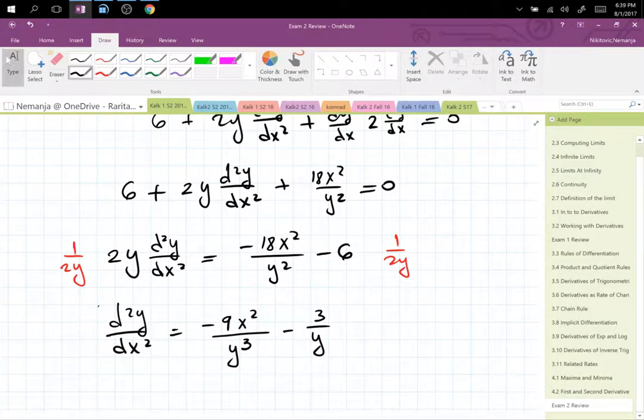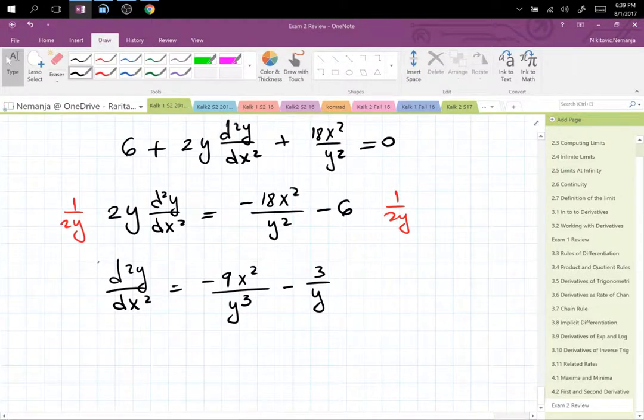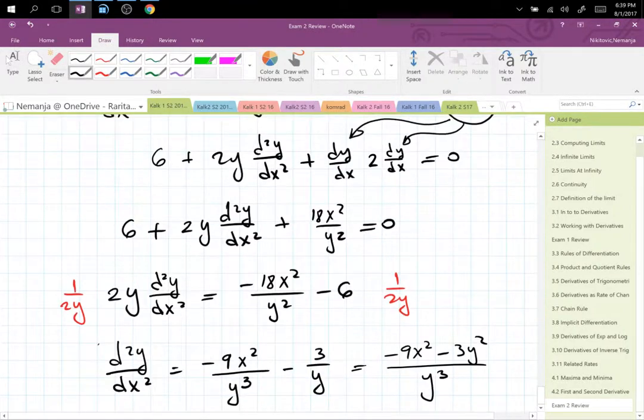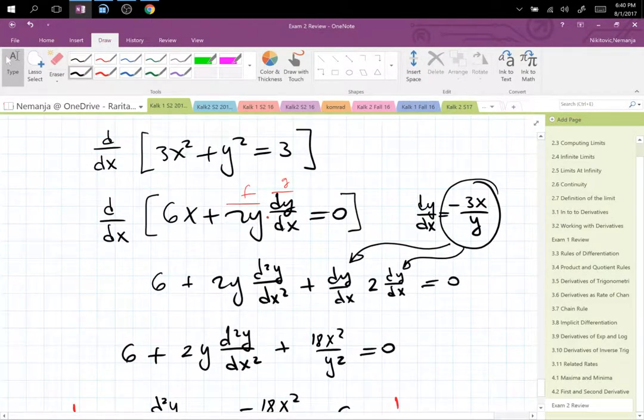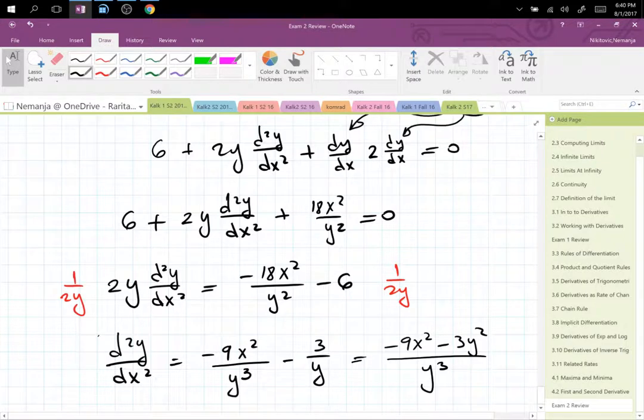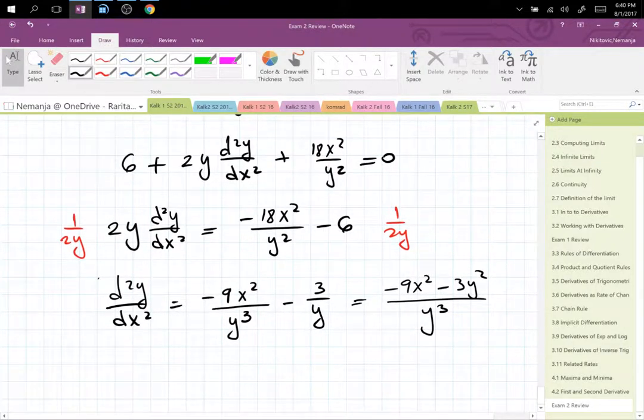Now, what you can do to work on this further is find the common denominator. So negative 9x squared minus 3y squared over y cubed, right? And let me see the original problem. 3x squared plus y squared is 3. Factor out negative 3.